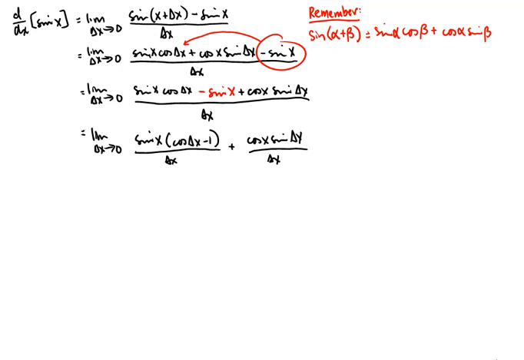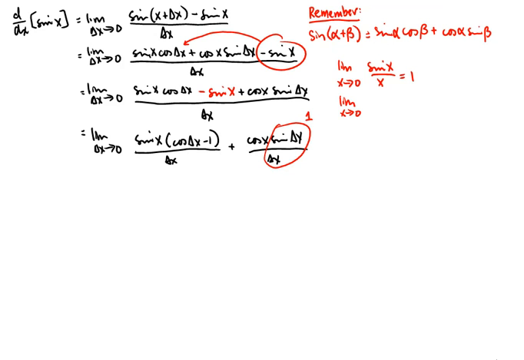At this point, you want to recall 2 important trigonometric limits. And the first is the limit as x approaches 0 of sine x over x is 1. And we can see that limit on the fraction on the right.